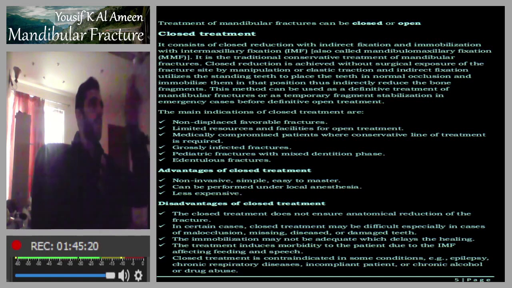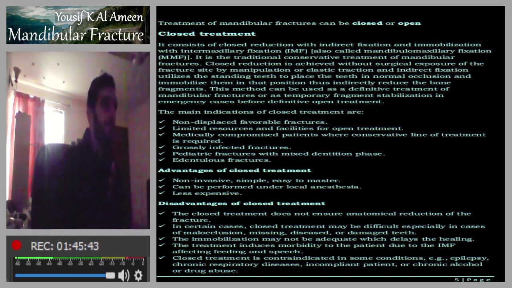Immobilization with intermaxillary fixation, also called mandibulomaxillary fixation, MMF. It is the traditional conservative treatment of mandibular fractures.